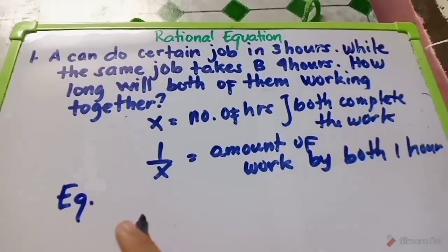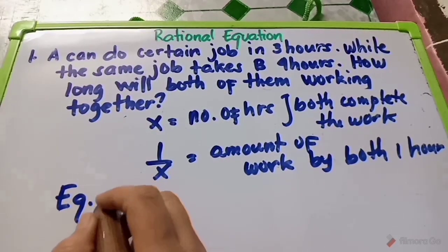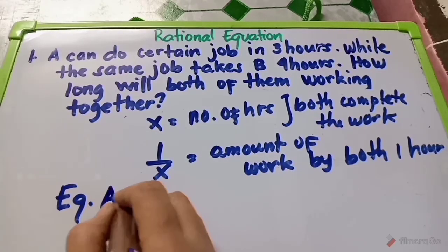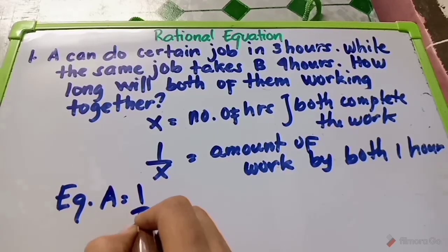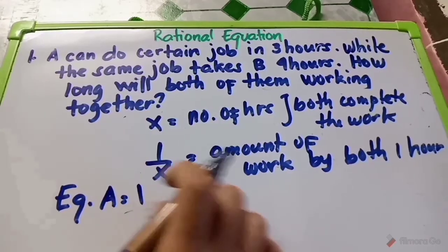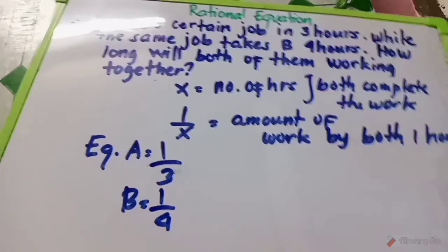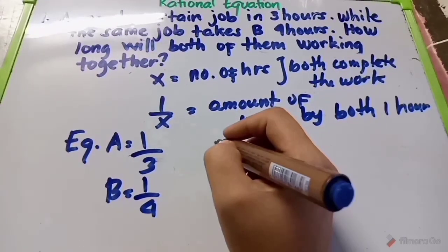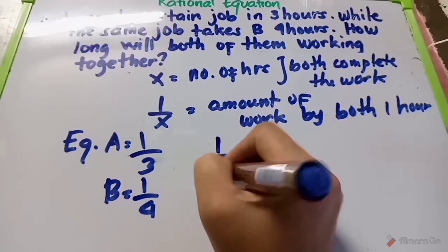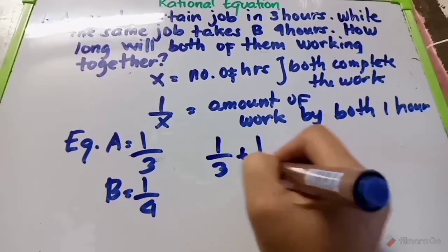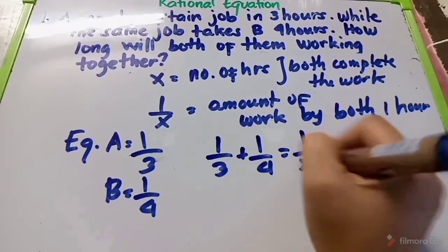Take note that A can do it in 3 hours. So for A, we have 1/3. And B, 4 hours. This will become 1/4. Right? So let's proceed to the equation. 1/3 plus 1/4 is equals to 1 over X.